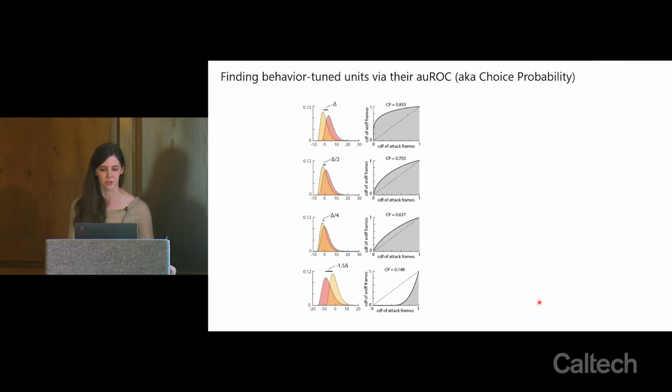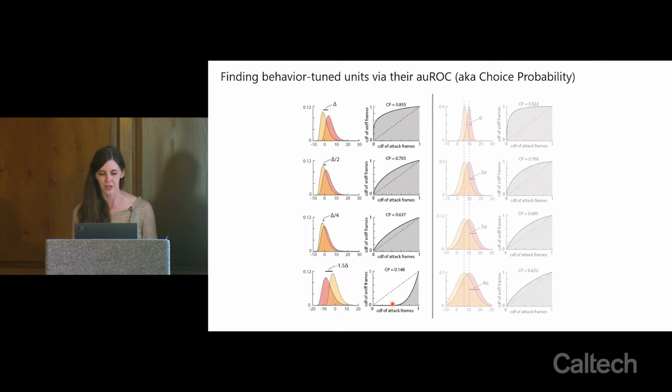To give you a better intuition for how this behaves, the choice probability, the area under the receiver operating characteristic curve, will change based on the distance between the means of two distributions. As the means move closer together, this area under the curve will decrease. And if you flip the means so that one is higher than the other, it will become less than 1/2.